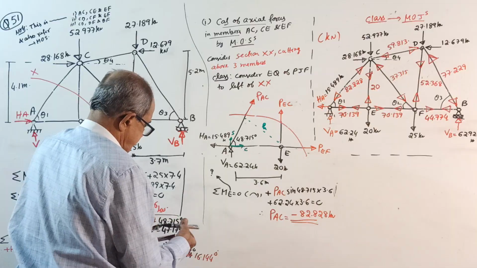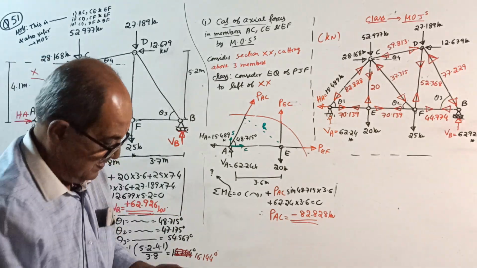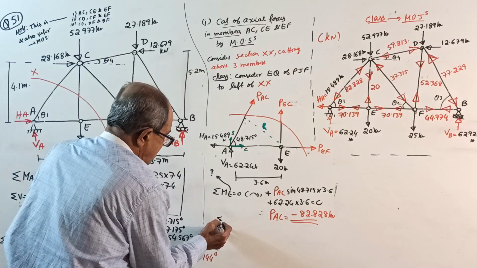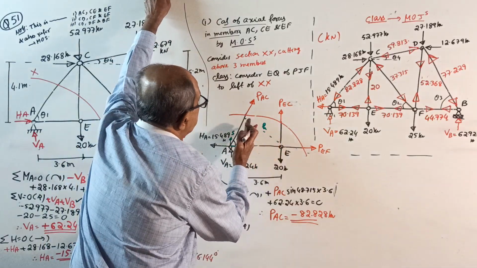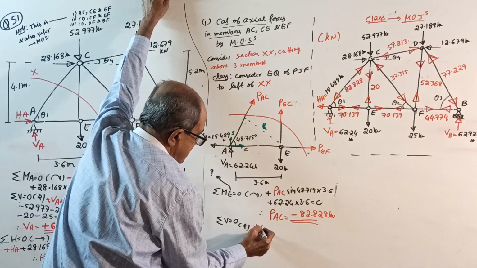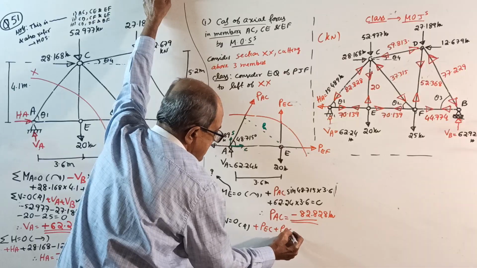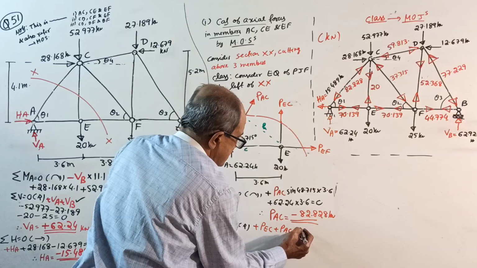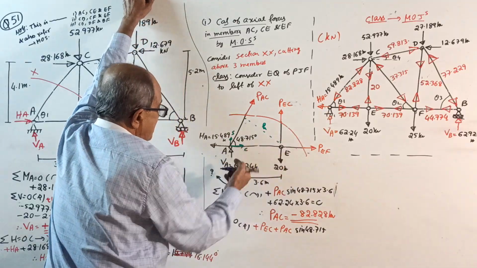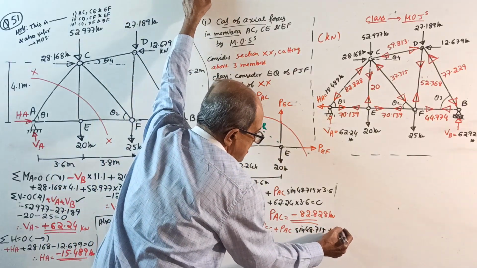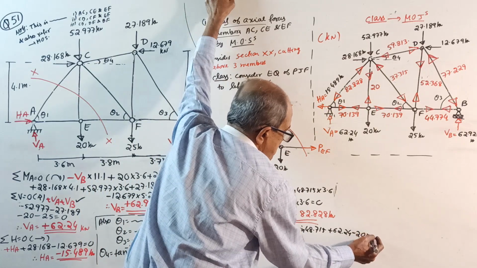Next, go for sigma V equal to 0, upward positive. Plus PEC plus PAC sine 48.715, this is not there, plus 62.24 minus 20 equal to 0.